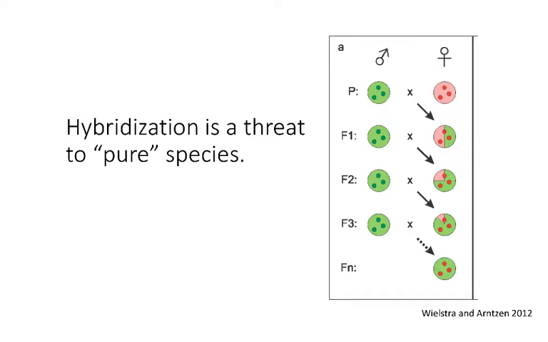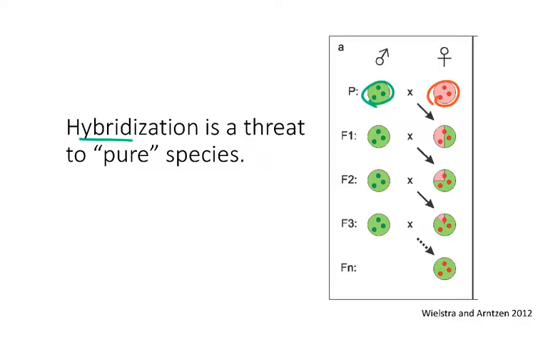So if we're thinking about other potential threats or conservation things to consider, one of the things that's often talked about is that hybridization with other species is a threat to a pure species. So here in this graphic, we have two different species, a green one and a red one.